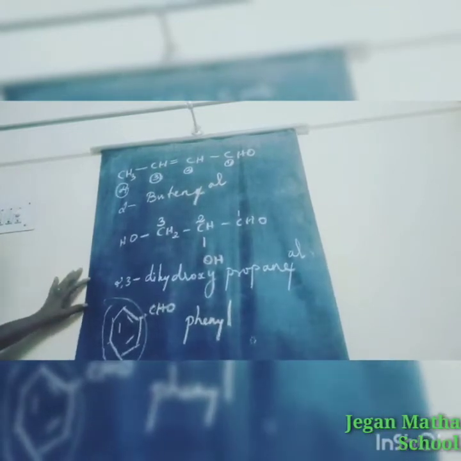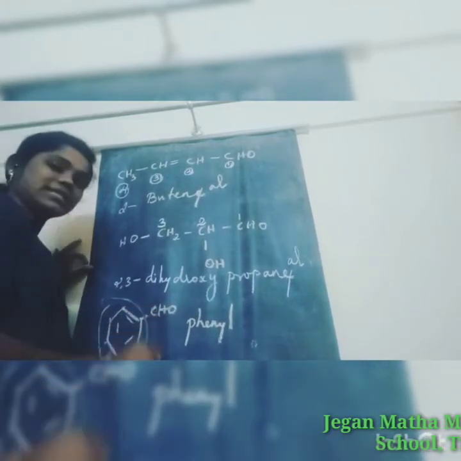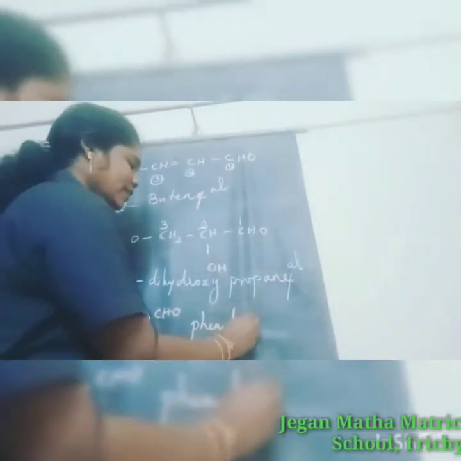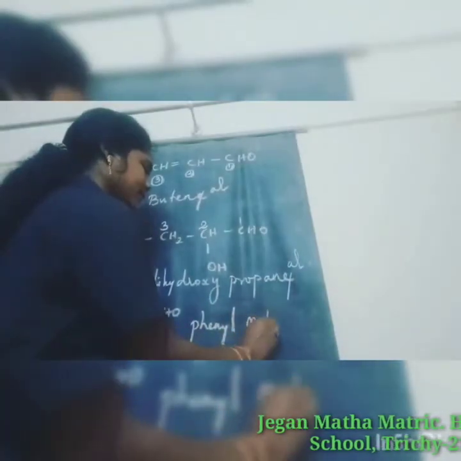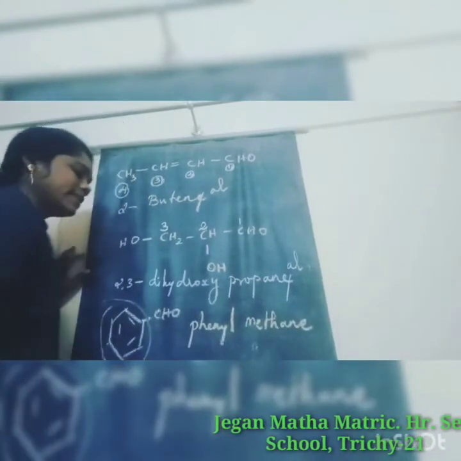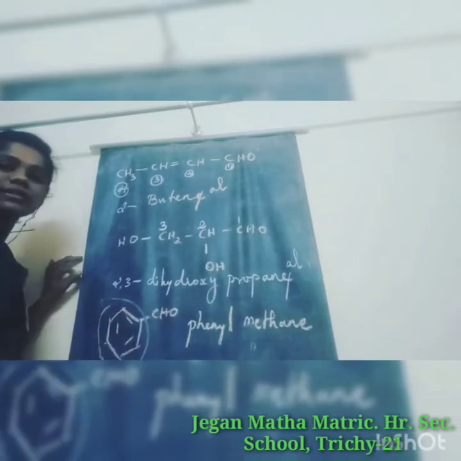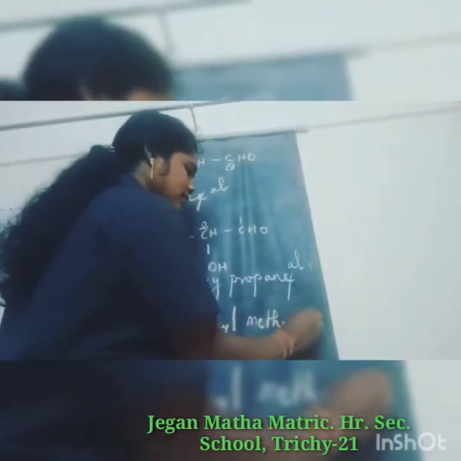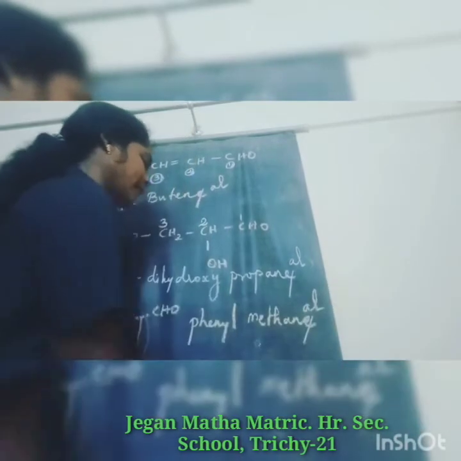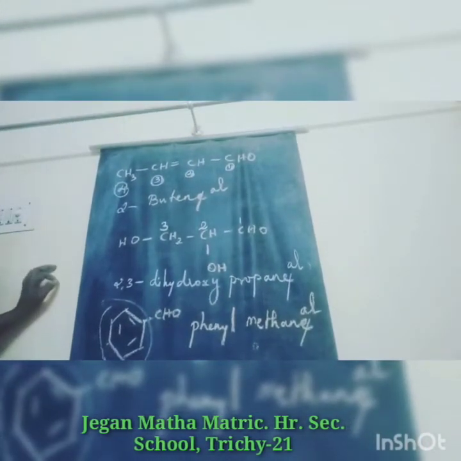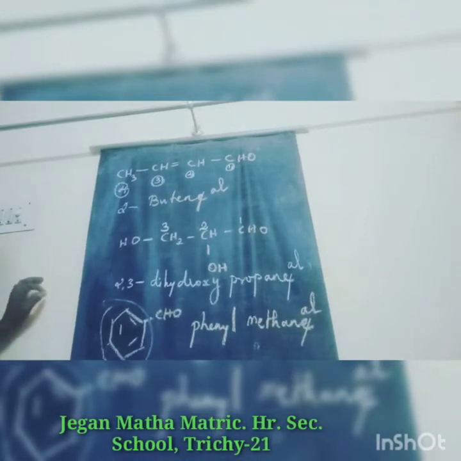CHO means only one carbon is present here, so that is methane. Here CHO is the aldehyde group, and the aldehyde functional group is al. So methanal, phenylmethanal.